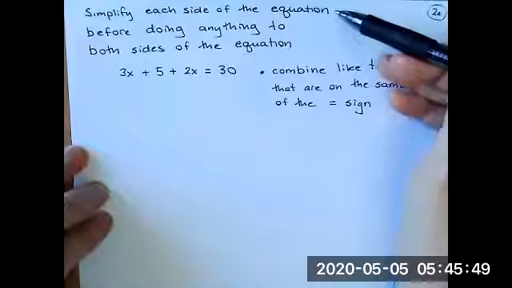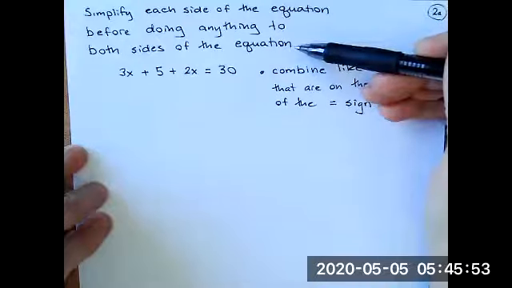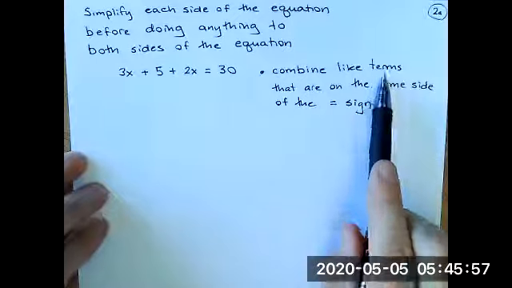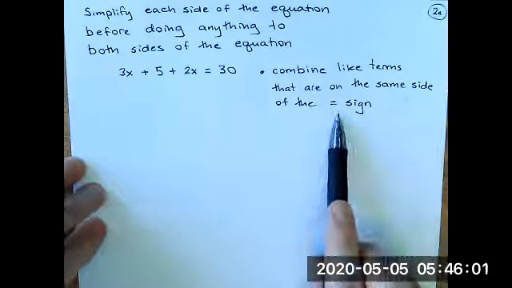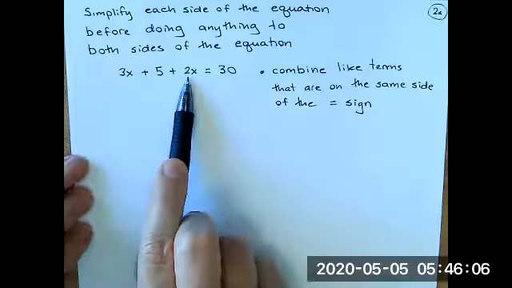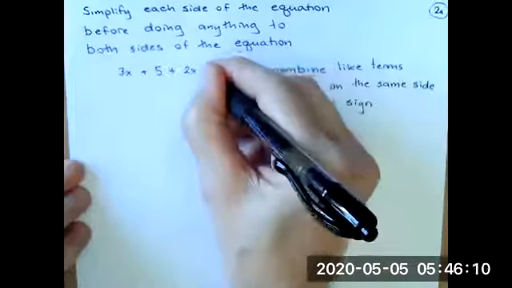Simplify each side of the equation before doing anything to both sides of the equation. For example, combine like terms as long as they're on the same side of the equal sign. So 3x and 2x are like terms. They're on the same side of the equal sign.